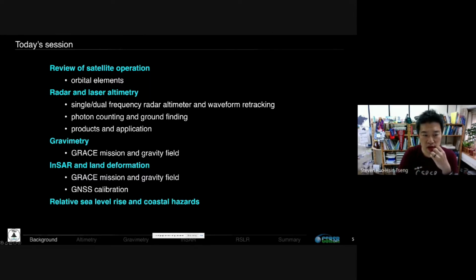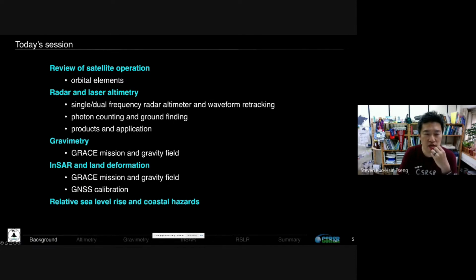For example, the GRACE mission is a gravimetric mission. It gives us an idea which land is actually uplifting and which land is probably sinking and so on. So it gives us some information over land as well.